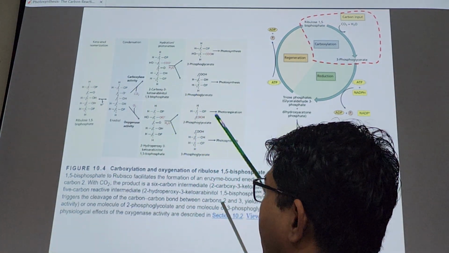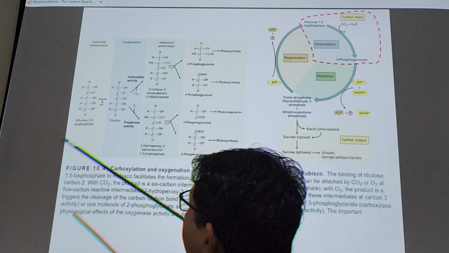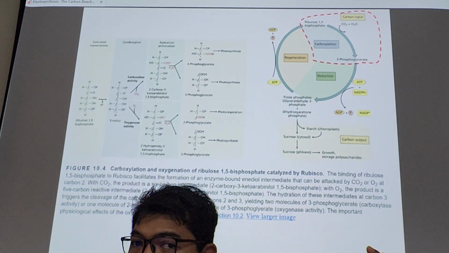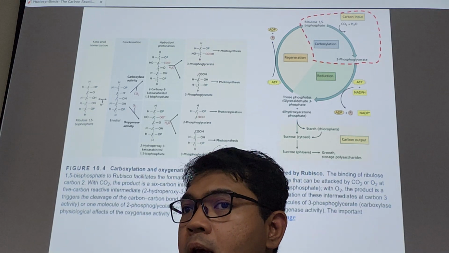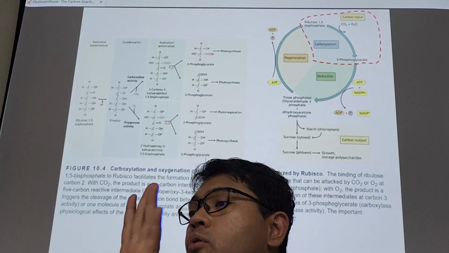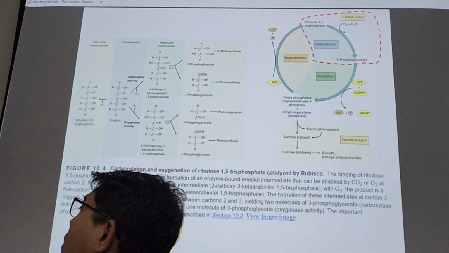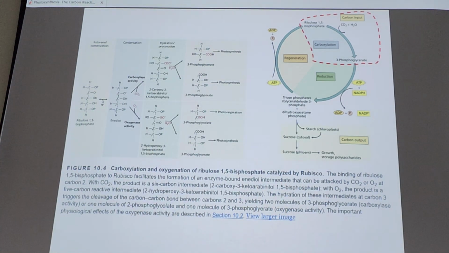Isomerization and condensation, because this RuBP, depending on Rubisco, the enzyme that acts upon it, will either bind to oxygen or CO2.